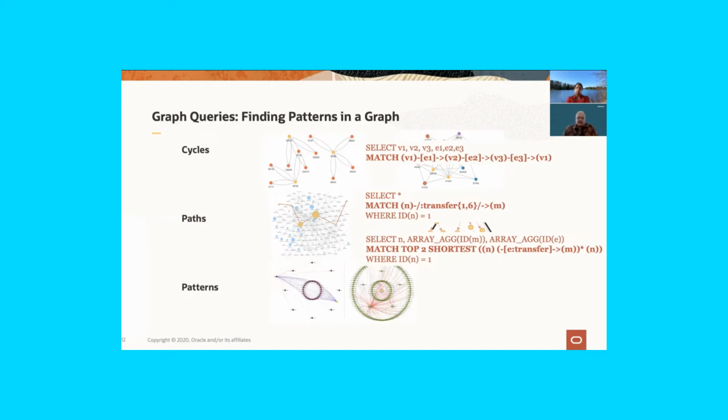And finally, more important, you can see much more complicated patterns. So here, for example, this is from one of our customers. They're seeing a pattern which, in their jargon, is known as placement and integration. So money is originated from an account.